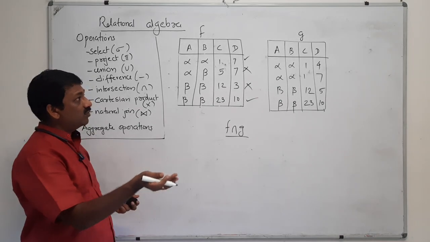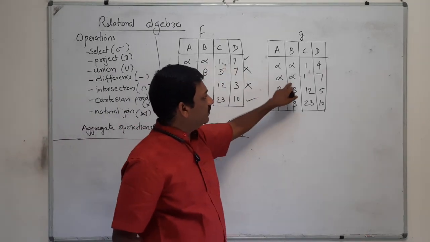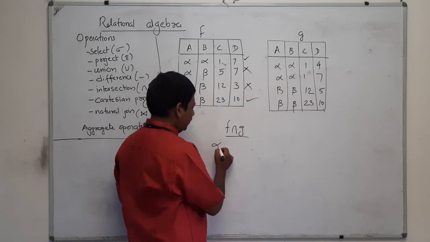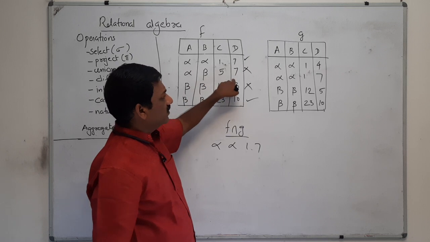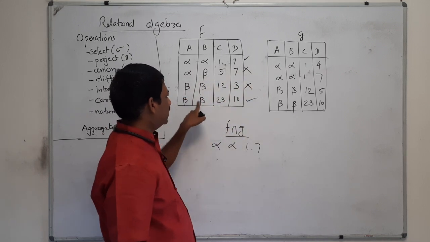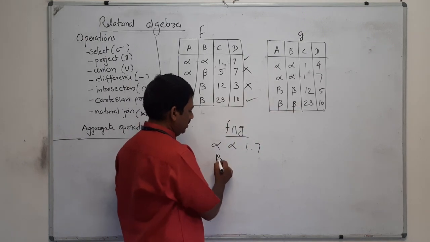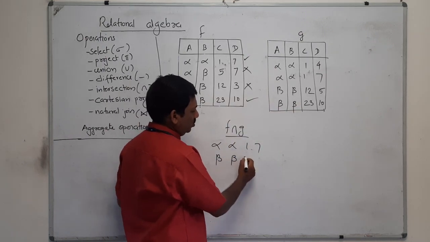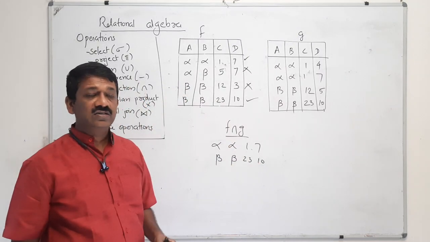That means present in both F and G. Here alpha alpha 17 is here, alpha alpha 17 is here. So alpha alpha 17. Then alpha beta 5 7 is not here. Beta beta 12 3 is not here. Beta beta 23 10 is present here also. So beta beta 23 10. So this is F intersection G.